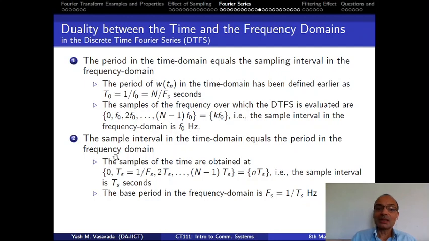Because our frequency domain has become periodic, and the period is equal to f of s, and if you take samples any more than n minus 1 times f naught, you get into the second period; you are out of the base period already.